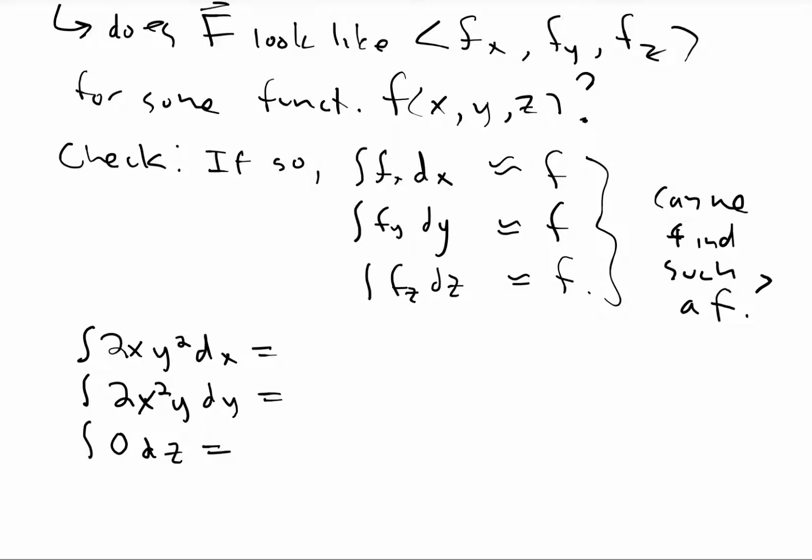Okay, so comment, if I antiderive this with respect to x, it looks like x squared times y squared, because the y squared is just a constant coefficient. And I'll go ahead and note, because we're being super careful here, there were no bounds on this. This is indefinite.